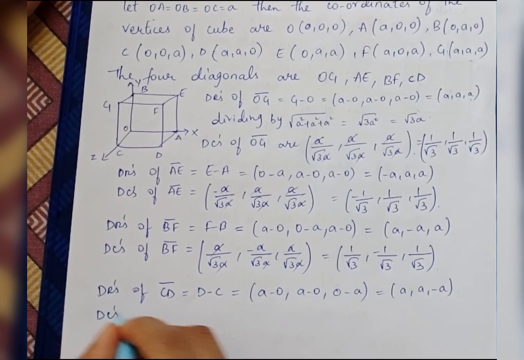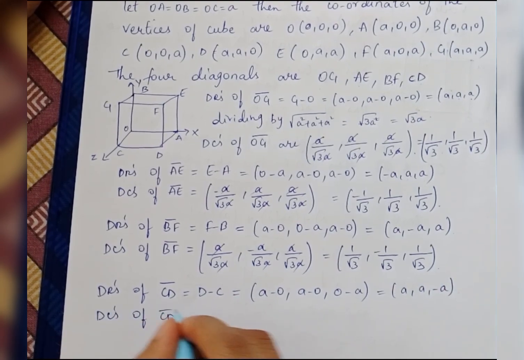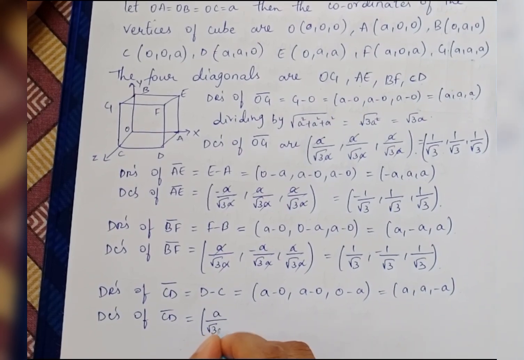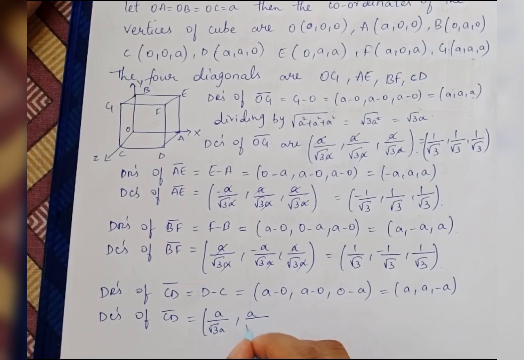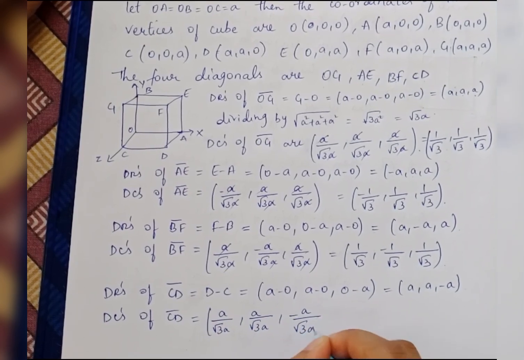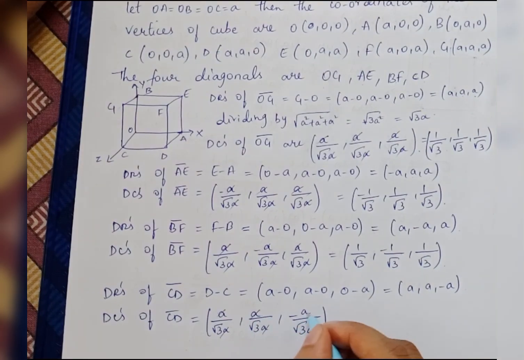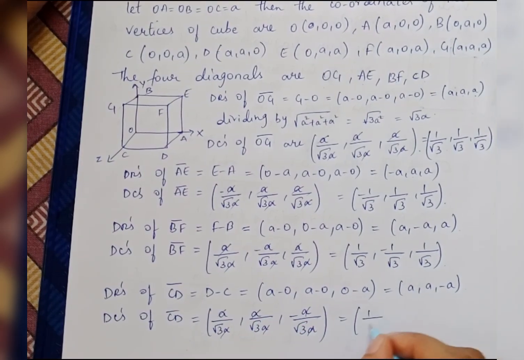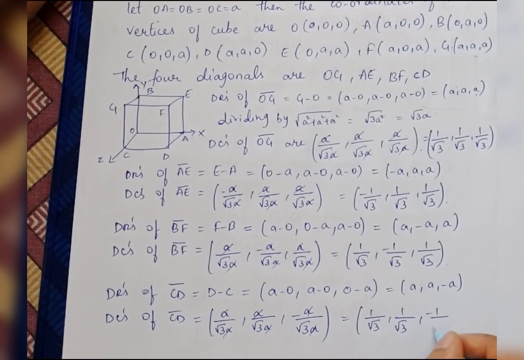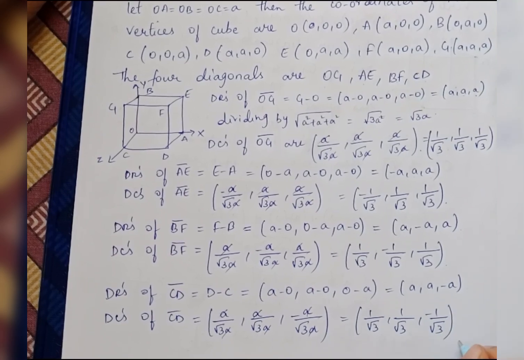So DCs of CD can be given as a by √3a, a by √3a, minus a by √3a. So a gets cancelled, and it is 1 by √3, 1 by √3, minus 1 by √3. So we got the values of all DCs of the diagonals.